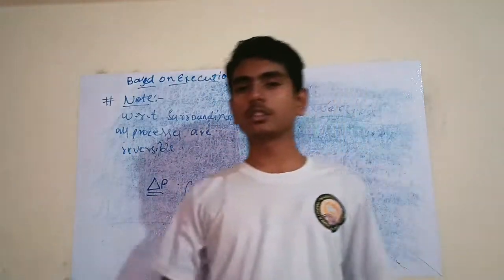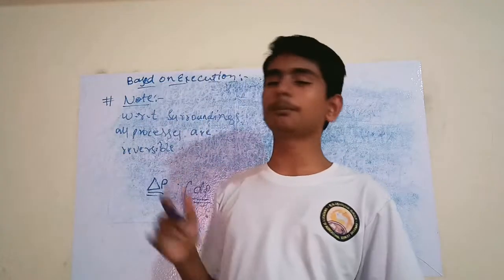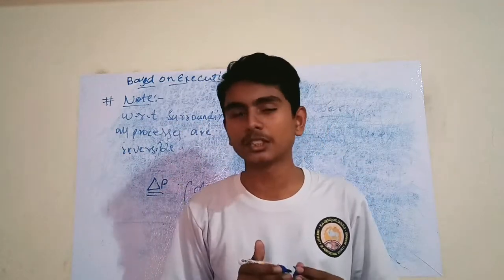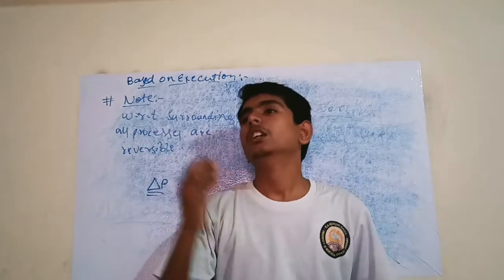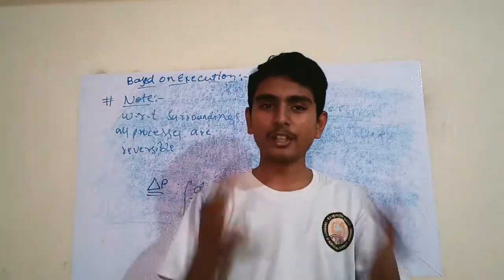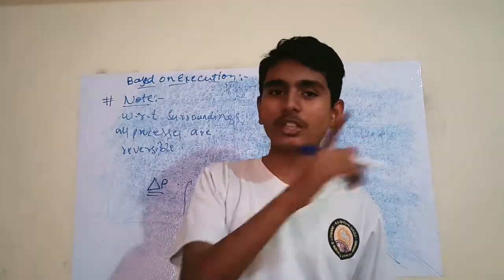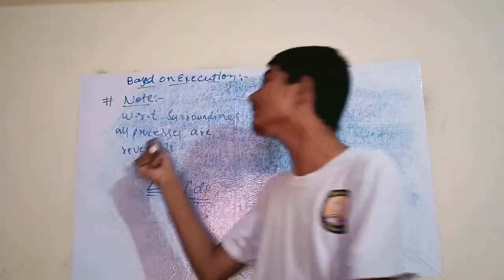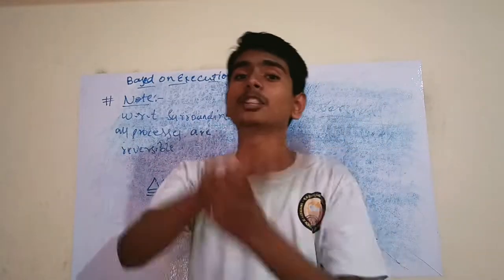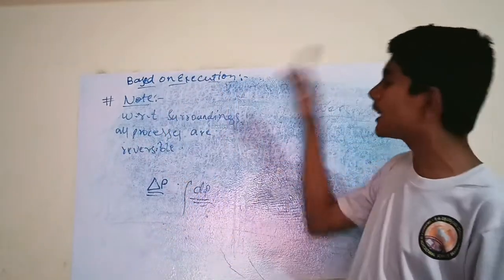Every change is small with respect to surroundings. Small changes take place only in a reversible process, not in an irreversible process. So with respect to surroundings, all processes are reversible.